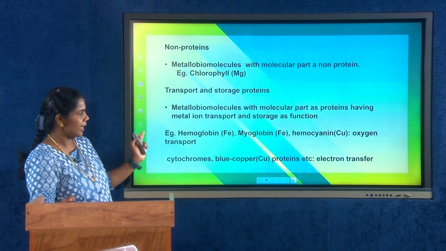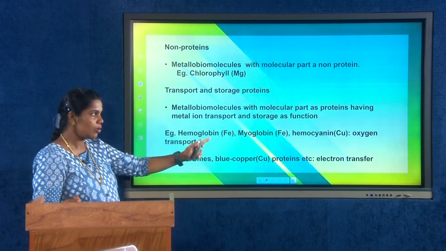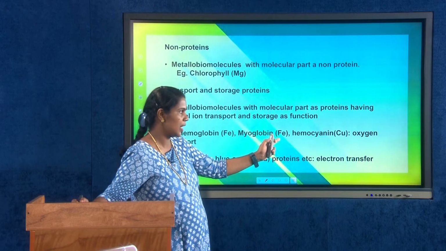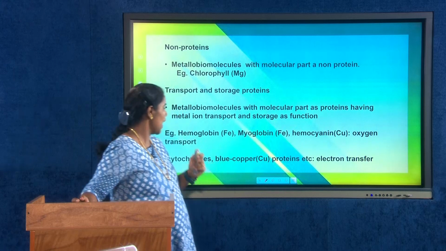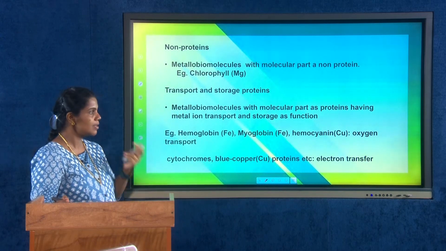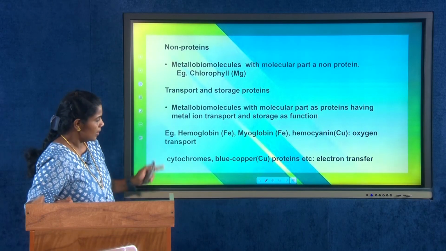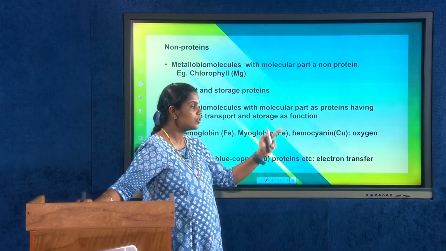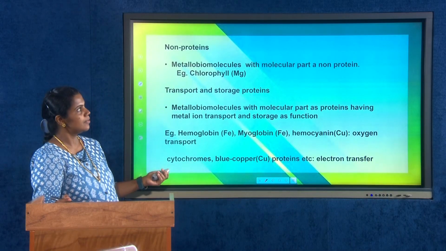They are mainly hemoglobin, which has iron in it. Myoglobin is the storage protein present in humans which contains iron in it. Hemocyanin is the oxygen carrying protein in aquatic animals or other lower animal systems. Cytochromes and blue copper proteins are the electron transfer proteins present in living systems.